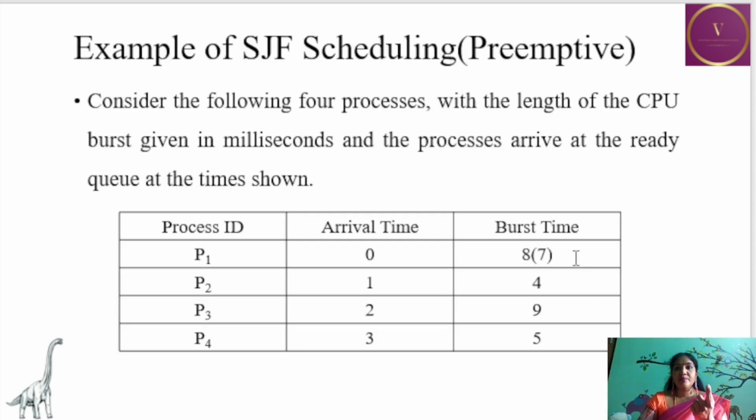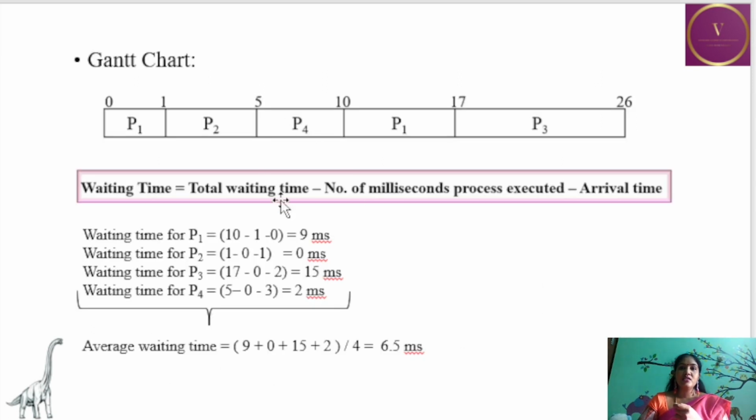P1 is waiting in the queue with 7 milliseconds burst time, P3 with 9 milliseconds, and P4 with 5 milliseconds, which is the smallest among the three. So next the CPU is given to process P4, sorry, and it will use the CPU for the next 5 milliseconds. So totally 5 plus 5, 10 milliseconds.